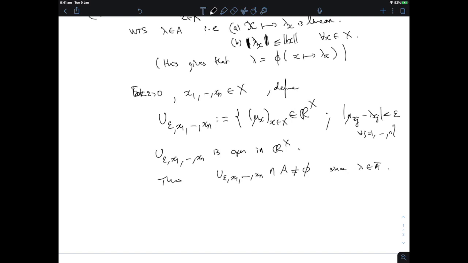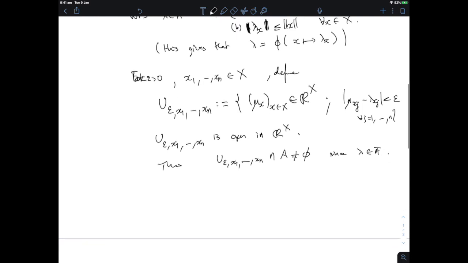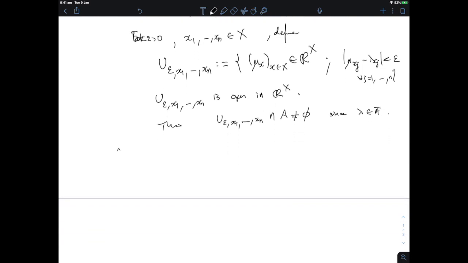Okay, so how do we do this? Let's do 1a first. For 1a, I'm going to give myself an x0 and a y0 in X. I'm going to look at x0 plus y0. I'm going to look at an alpha in R star. I need to look at alpha times x0 to prove linearity.